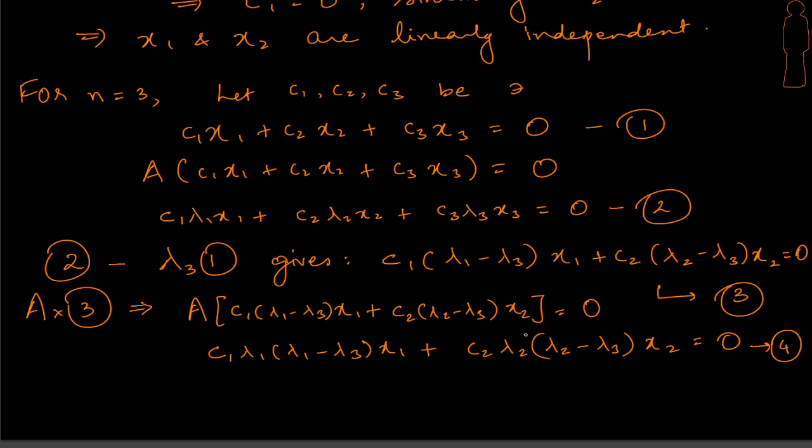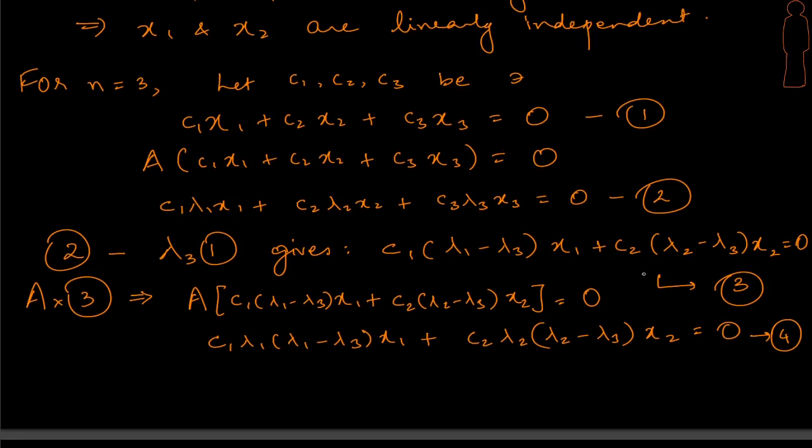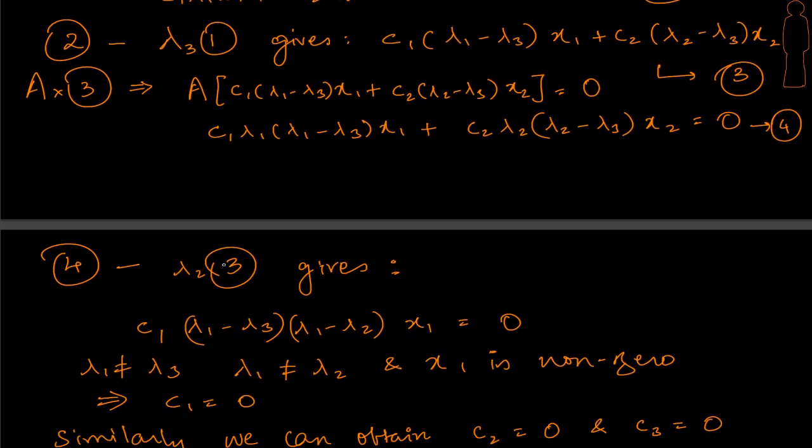So let me use the fourth equation and subtract from it the third equation multiplied by lambda 2, because I have here lambda 2 extra, so these two I would want to cancel. Let's take a look at this. Equation 4 minus lambda 2 times equation 3 is going to give me C1 times (lambda 1 minus lambda 3), so this is common, and we had multiplied here by lambda 2 and subtracted here, and therefore this would become (lambda 1 minus lambda 2) times x1 equal to 0.